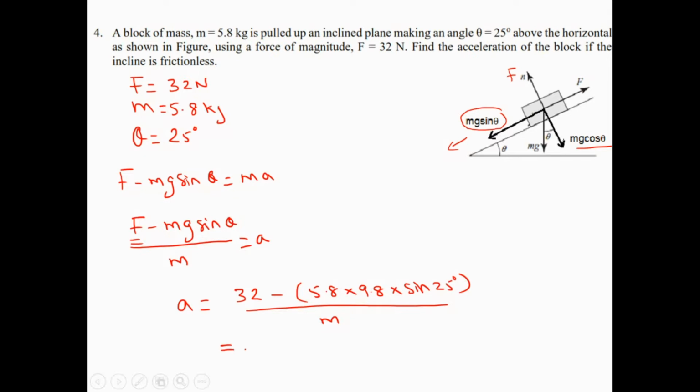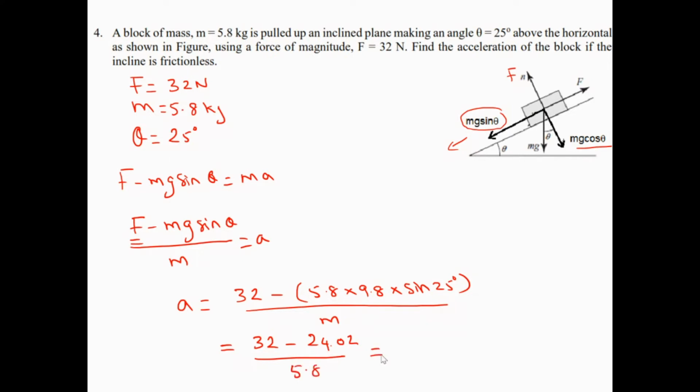So I'm going to work it out here. I just write 32 here, and I multiply 5.8 multiplied by 9.8 multiplied by sine of 25 degree, which gives the answer of 24.02. 24.02 divided by the mass of the block, 5.8.